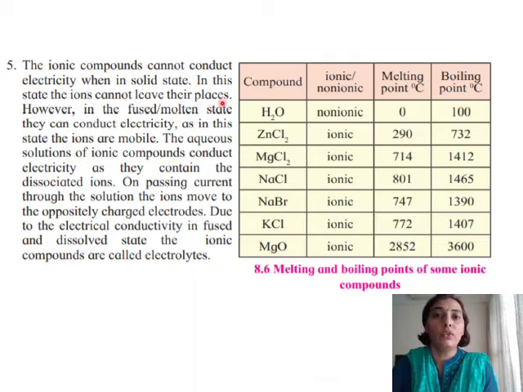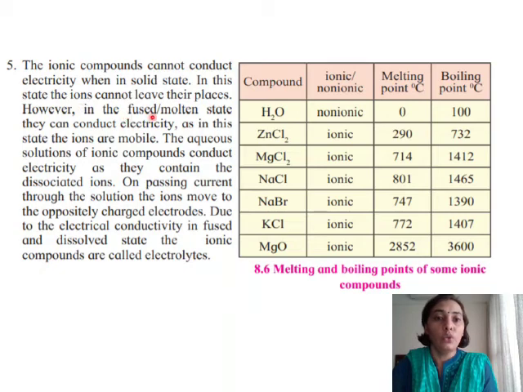Though ions are present in solid state, they do not separate, and unless the movement of ions takes place, there will be no flow of electric current. So in solid state, they are in the ionic state, but the ions are not capable of moving. They cannot leave their places, and hence they cannot conduct electricity in solid state.